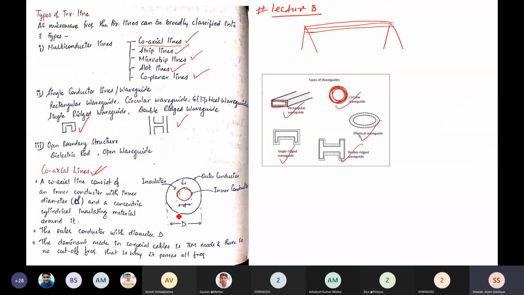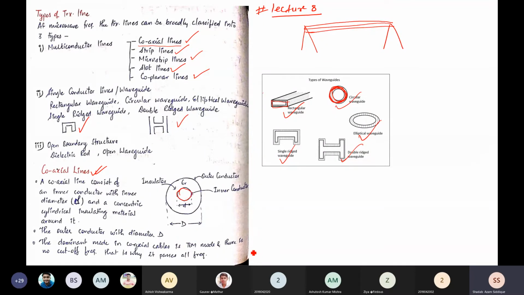In coaxial lines, the fundamental or dominant mode present is the TEM mode. You can say the fundamental and dominant mode of the coaxial cable is the TEM mode, and there is no cutoff frequency for coaxial lines.